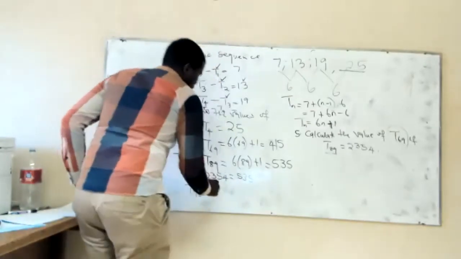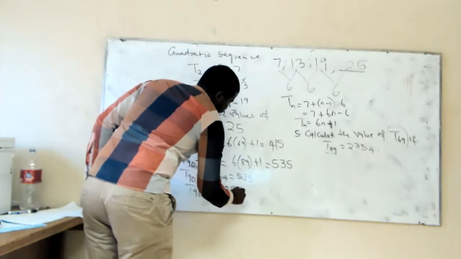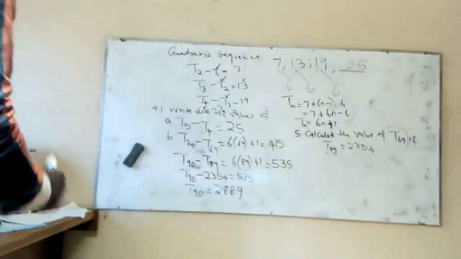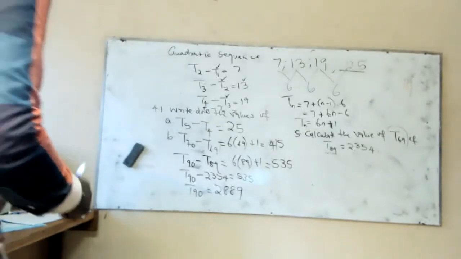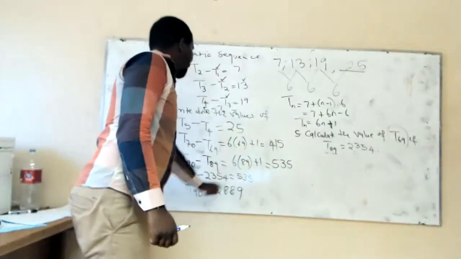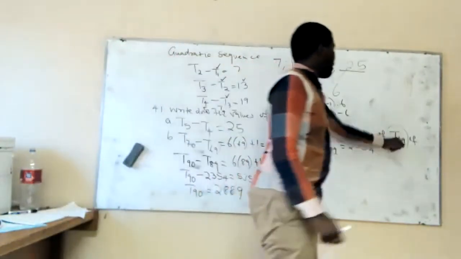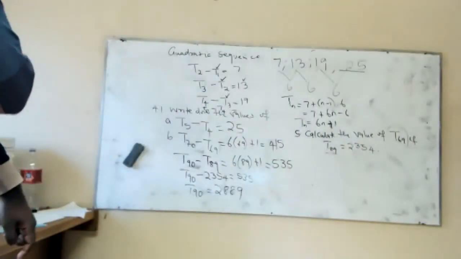Oh, it's positive, 2889, right? Yes. So we now have the value for T90. Okay, then now tell me what's the difference between 90 and 69? What do you get when you subtract the two terms?